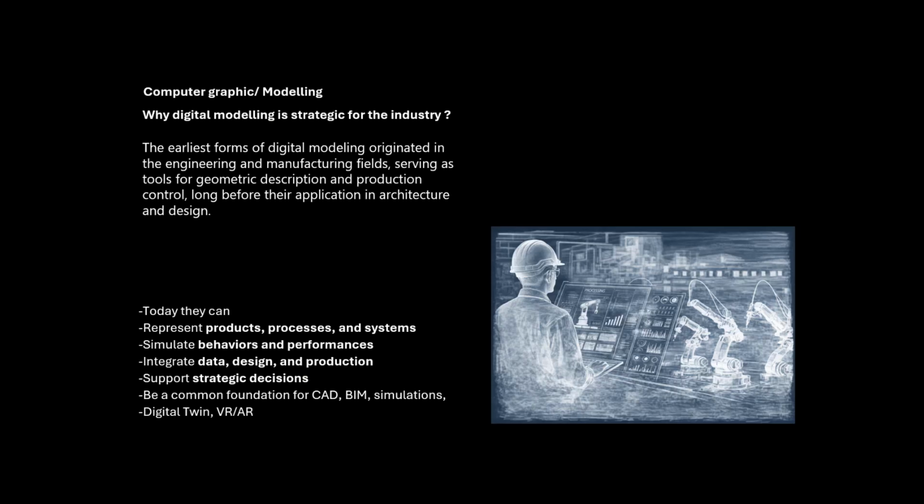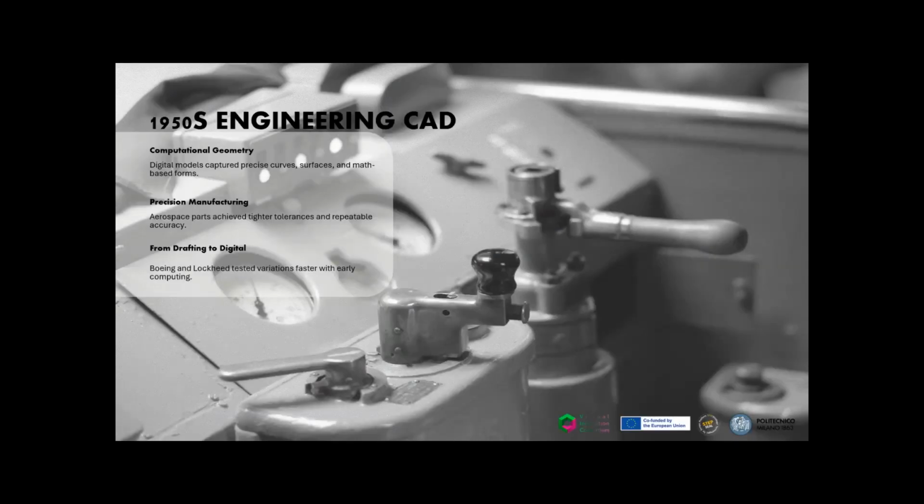In fact, the earliest form of modeling originated precisely within the industrial sector. Since the early 1950s, modeling has evolved starting from mechanical and precision manufacturing, focusing on accurate models for the production of mechanical components.